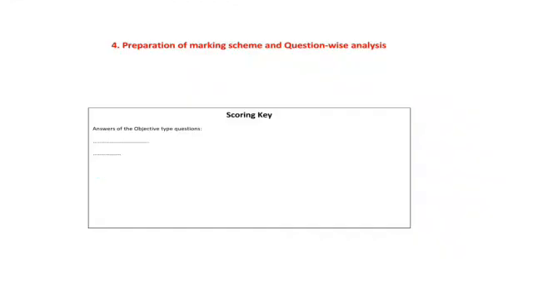Then next comes the preparation of the marking scheme and question-wise analysis. So here will be the score keys. Now you have to set the question paper, isn't it? You have to construct the test question paper.